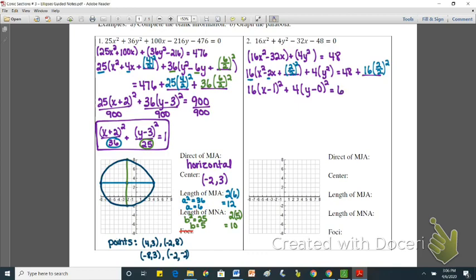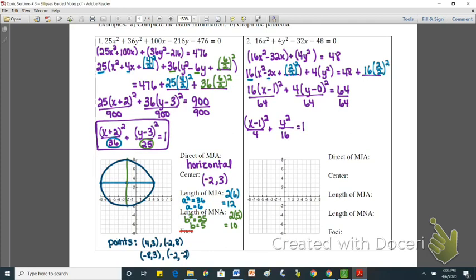Equals 64. So again, first thing I need to do here, divide everything by 64. When I do that, I get x minus 1 squared over 4 plus y squared or y minus 0 squared, either one, over 16 equals 1.